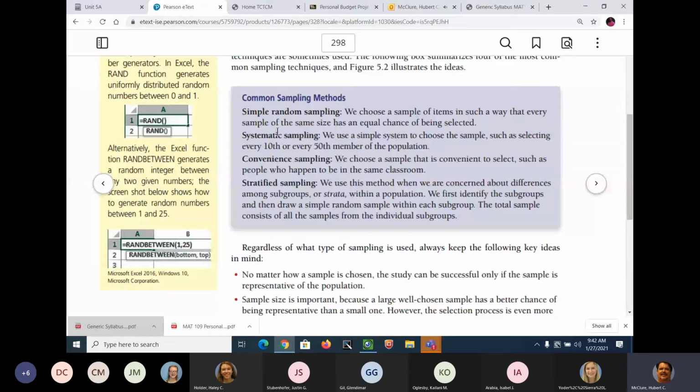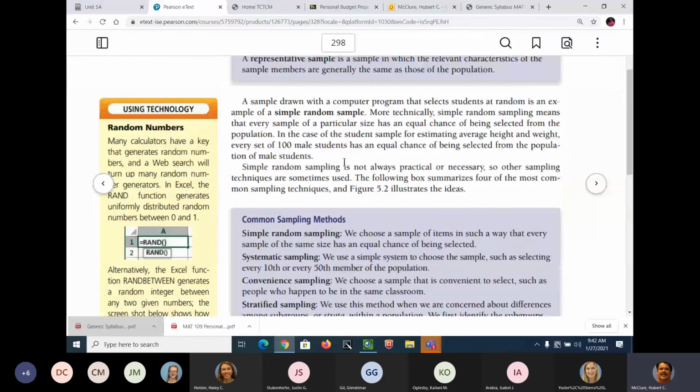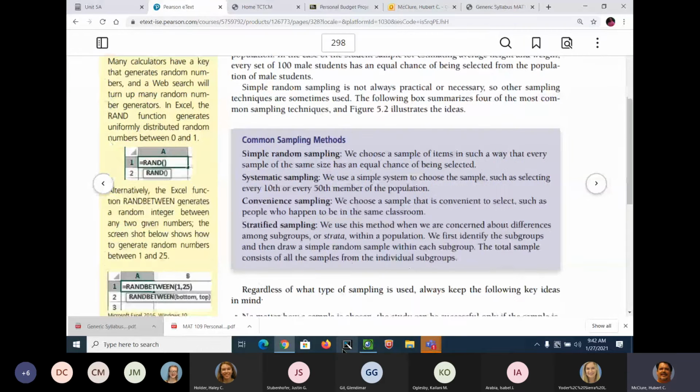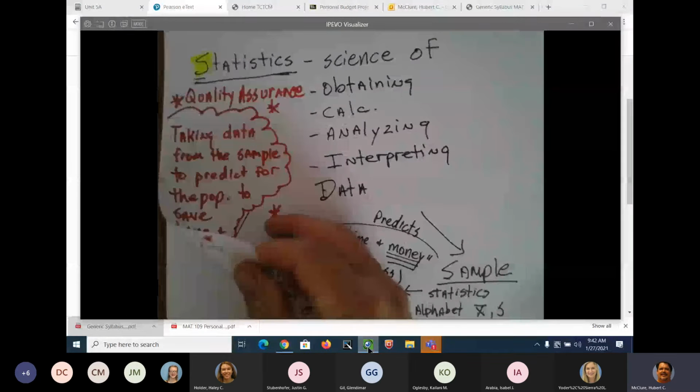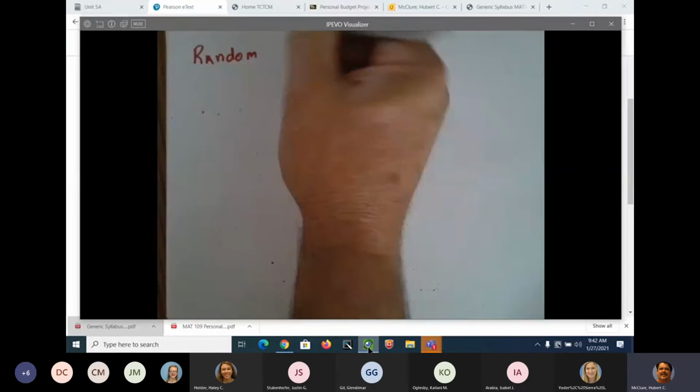Go ahead and write these down. No, don't write them down yet. I'm gonna do something different. Random sample. I'm gonna write random sample in red because that's the one that you're gonna see the most of.